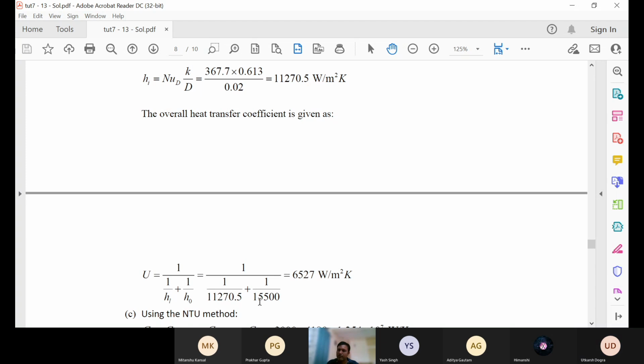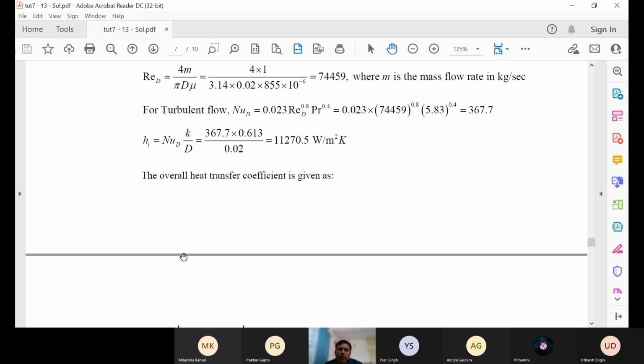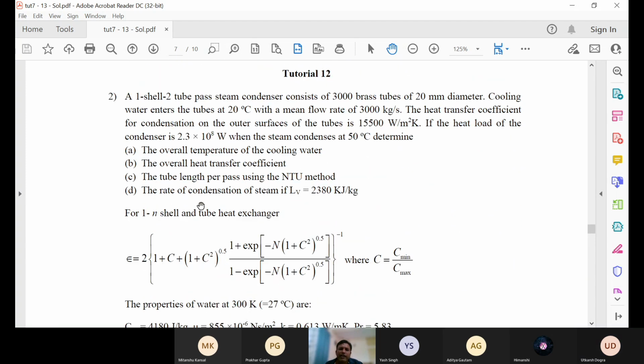Yes, sir. Now we know U, we have already calculated. Area also we know because these 3000 brass tubes are there and there are 2 tube side passes and the diameter of each tube is known. So we can calculate the heat transfer area. So heat transfer area will be what? Anyone?